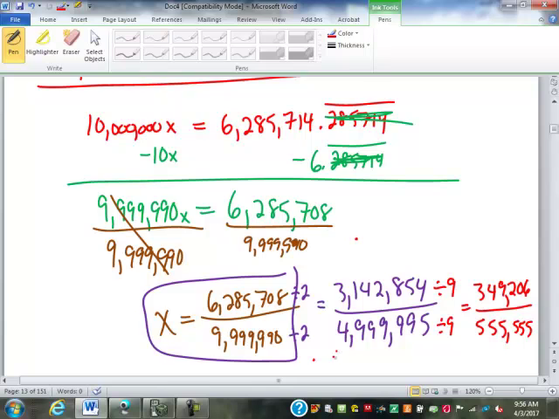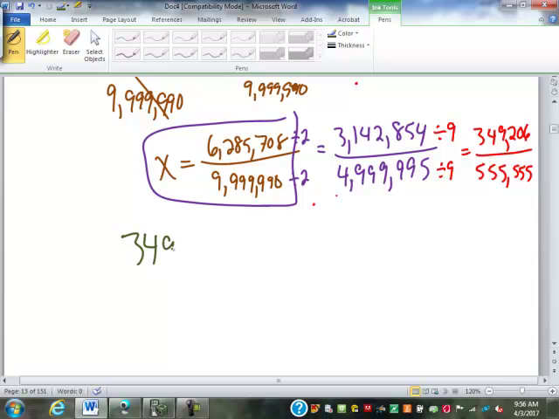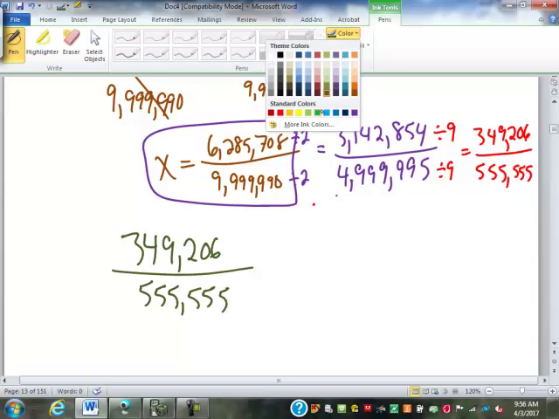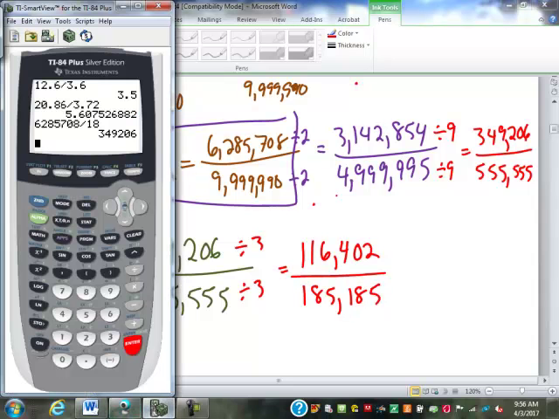That's why I was off. 349,206 over 555,555. They can both be reduced by 3. So here I'm going to get 116,402 over 185,185. I'm going to double check those.